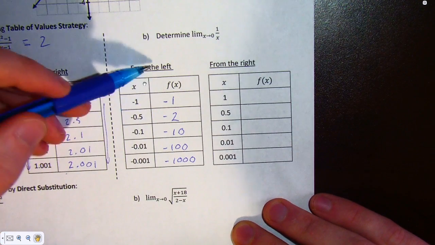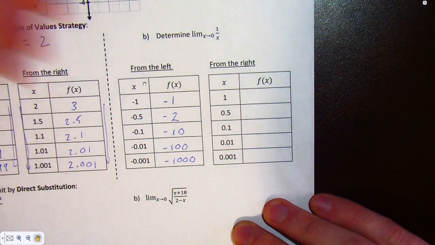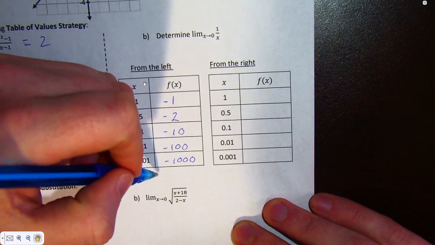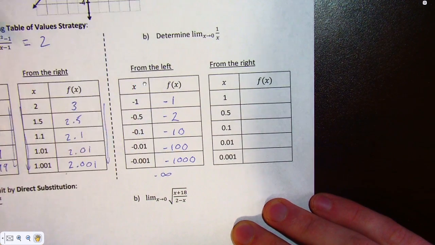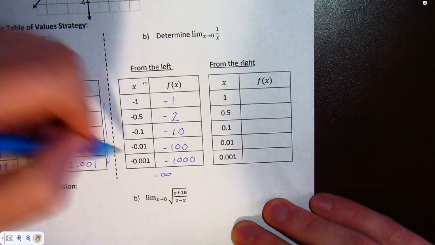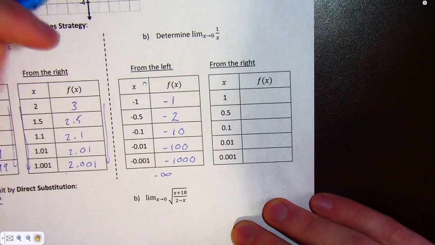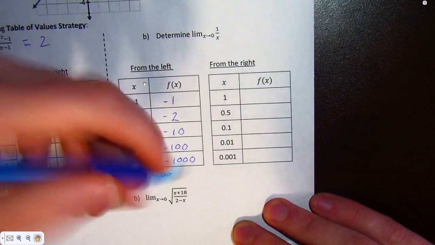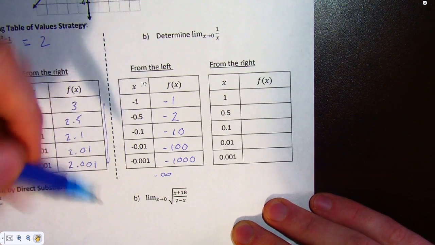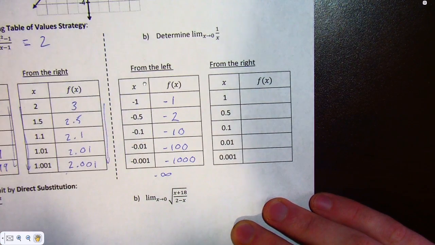So the idea is from the left, it's actually approaching negative infinity. And the smaller and smaller you get, the closer and closer to 0, the closer it'll get to negative infinity.